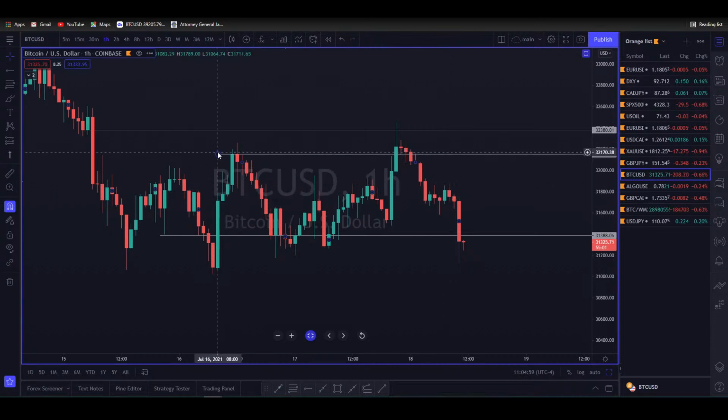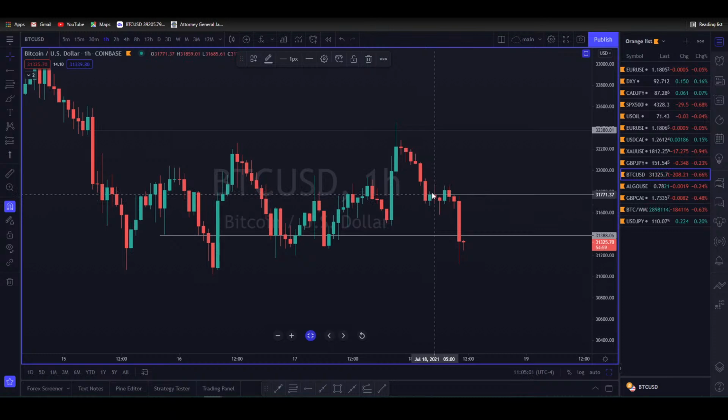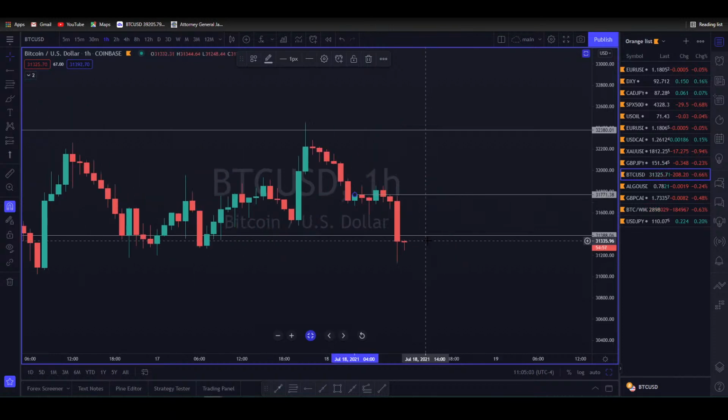But with that being said, each hourly close, each bullish candle's closing price will be resistance on whatever time frame you're looking at. So right now, we know that Bitcoin tested up into resistance and we're coming down, and we know that price checked a demand zone.